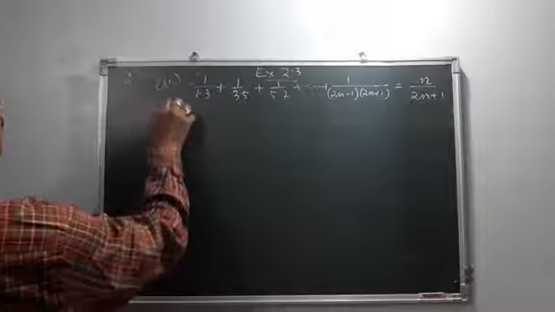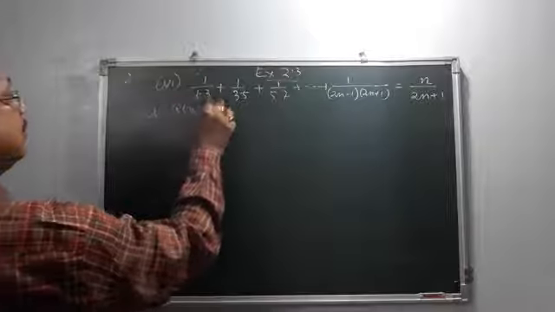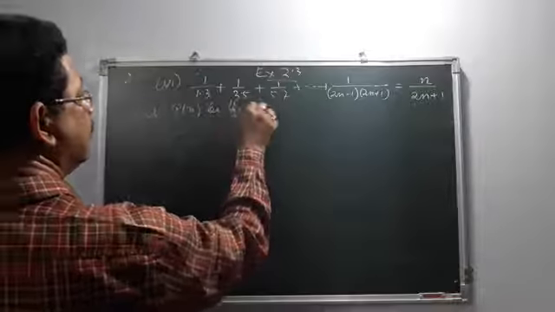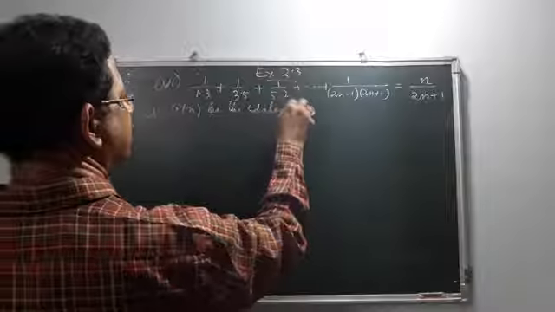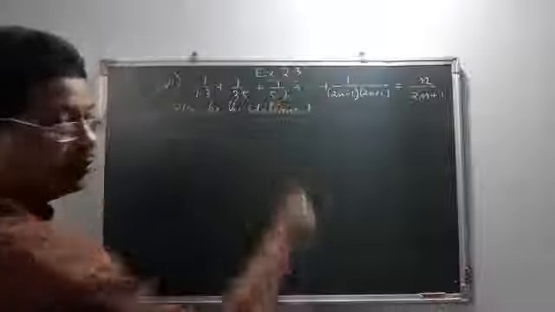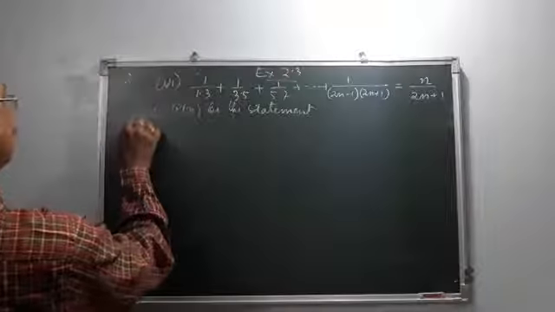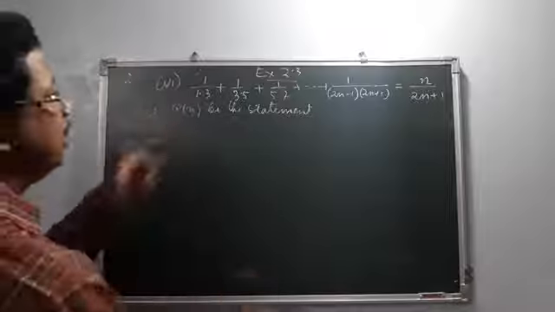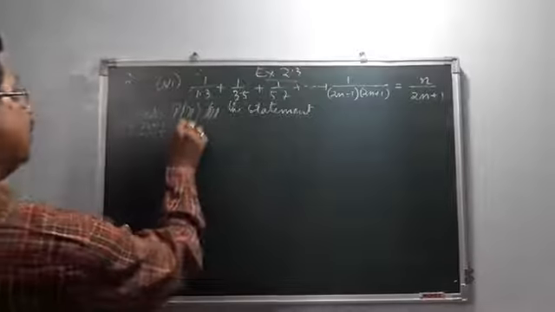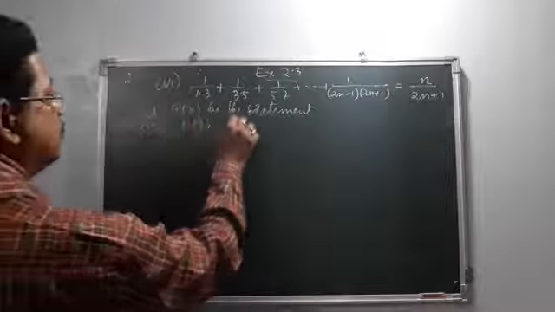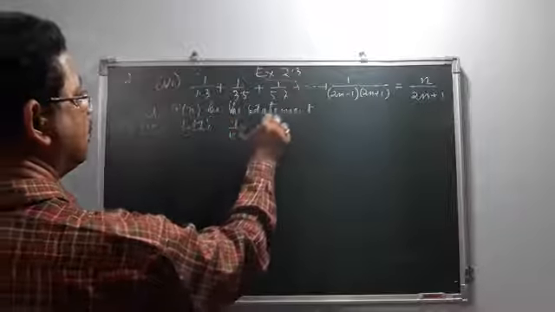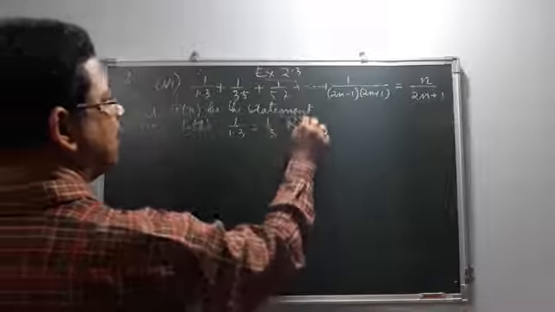Let P(n) be the statement. This is the way of writing: you write the statement's name. For n is equal to 1, if we put n is equal to 1, LHS is 1 by 1.3, that is 1 by 3. RHS is what?